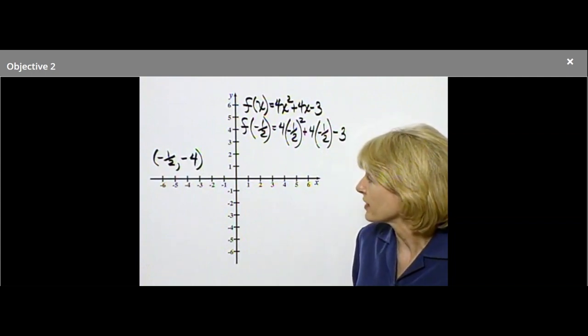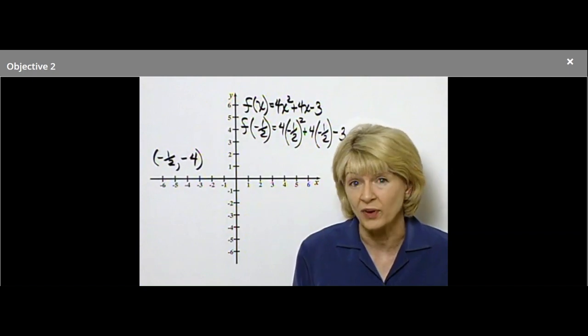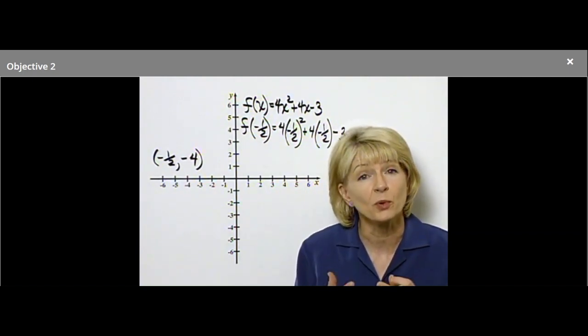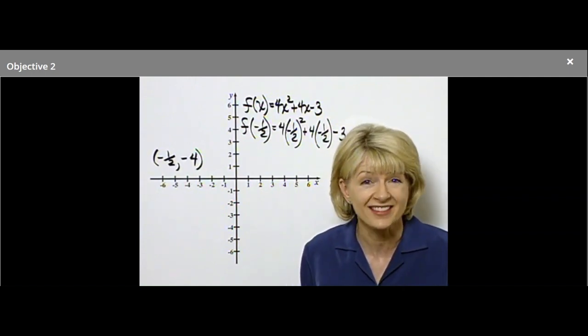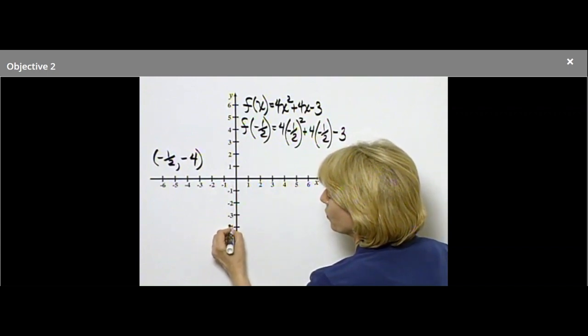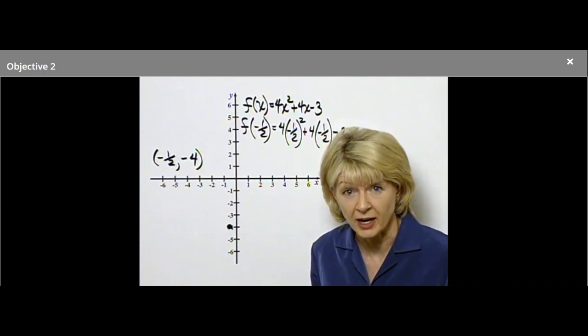There is our vertex. I would suggest first graphing the vertex before you look for any intercepts, because your parabola may not have x-intercepts. So negative 1/2, negative 4, there is the vertex of my parabola.